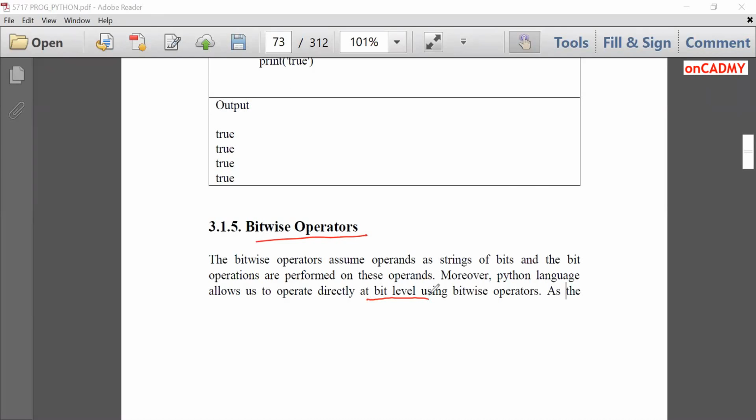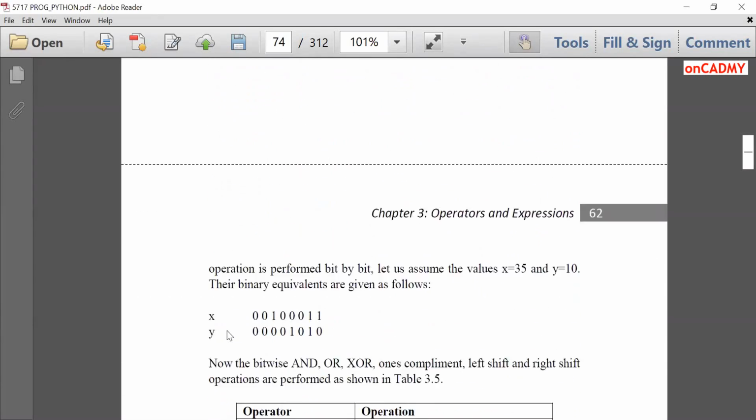And that is why their operation is quite faster as compared to normal operations, because they directly work at bit level, directly in the form of machine understandable digits, that is 0 and 1s. So let's study what are bitwise operators.